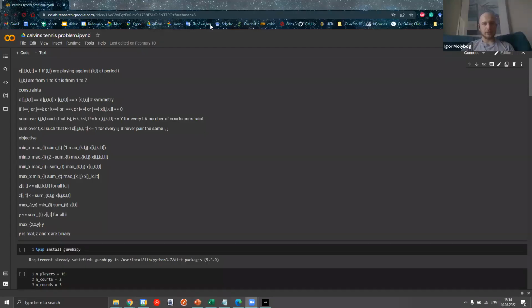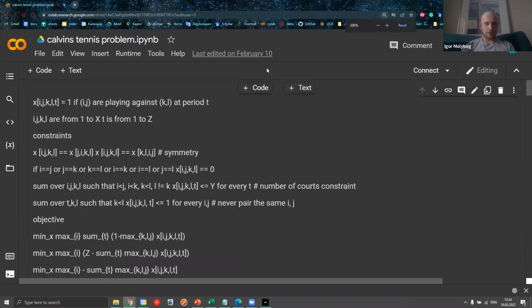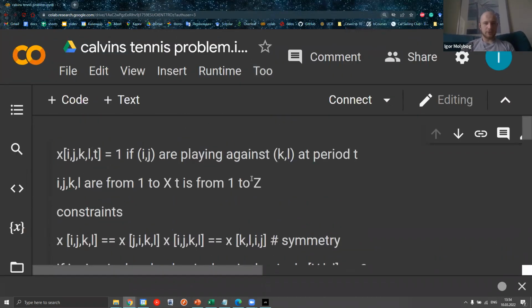Right. So basically, we start by defining the variables as always. The first thing is that the variable is going to be x_ijklt, so it's going to have 5 indices.